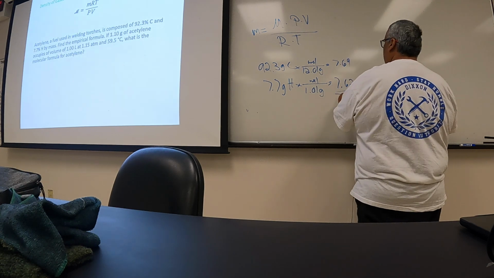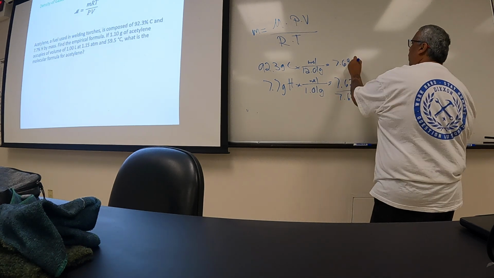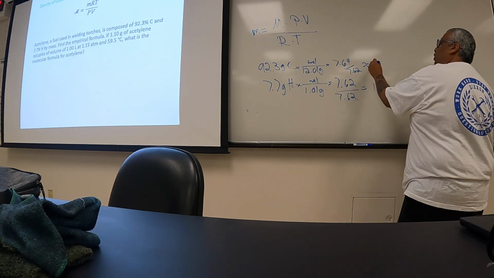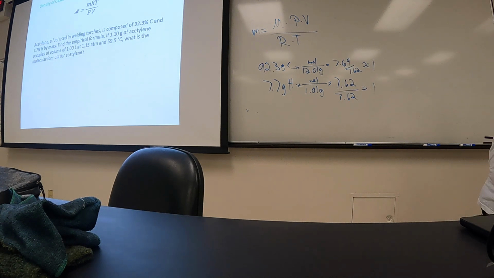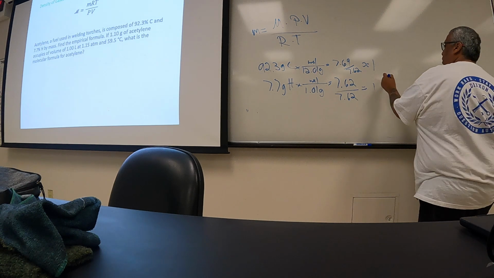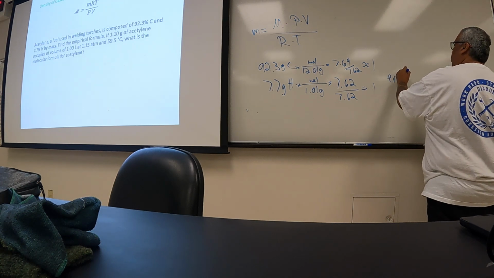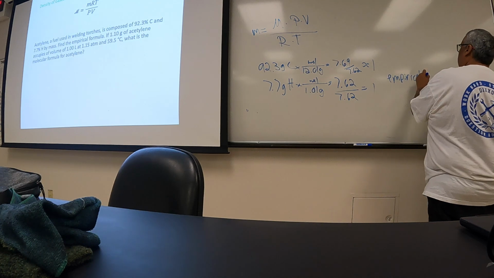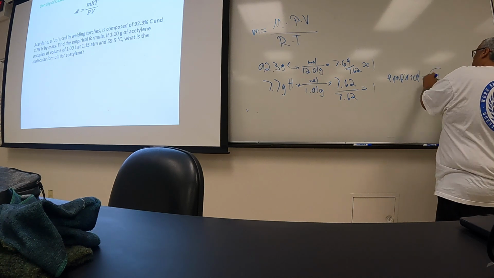This one's smaller, 7.62. If we divide this by 7.62, it's pretty close to equaling 1. So the empirical formula here is CH.